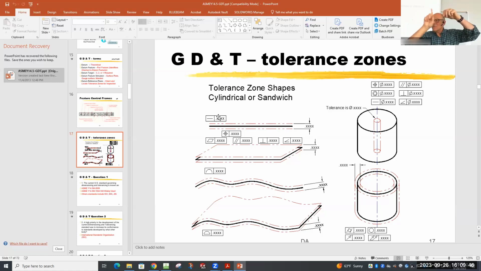And if that range of movement is less than the amount put in that feature control frame, that part is straight enough. Straighter doesn't help anything. It can be straighter than that, that's fine, but that doesn't make it better because the idea of a tolerance is anything within that zone is functional enough to work. That makes sense to everybody?